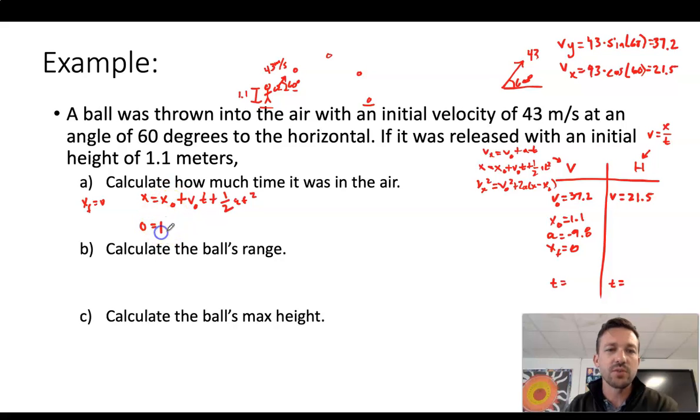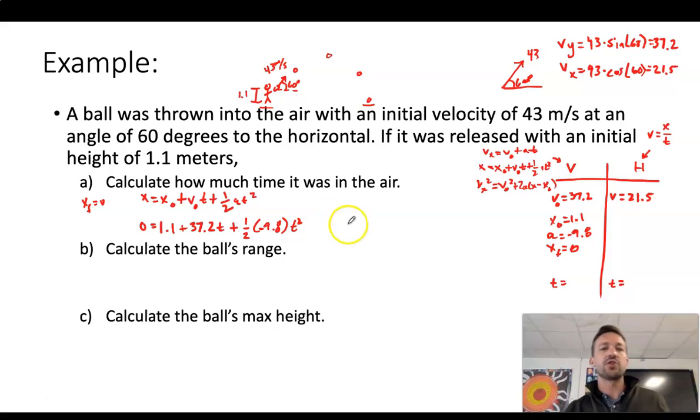Our initial position was 1.1, plus our initial velocity was, what was it? 37.2. Because it's the vertical initial velocity, right? We don't want to get the vertical and the horizontal stuff mixed together. Times time plus a half. Acceleration is negative 9.8 because it's gravity moving it vertically, times t squared.